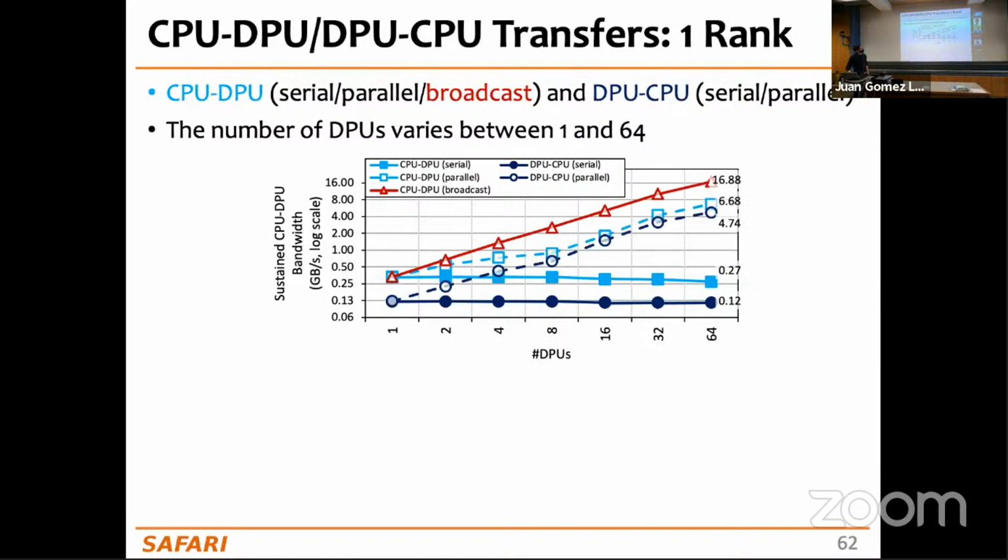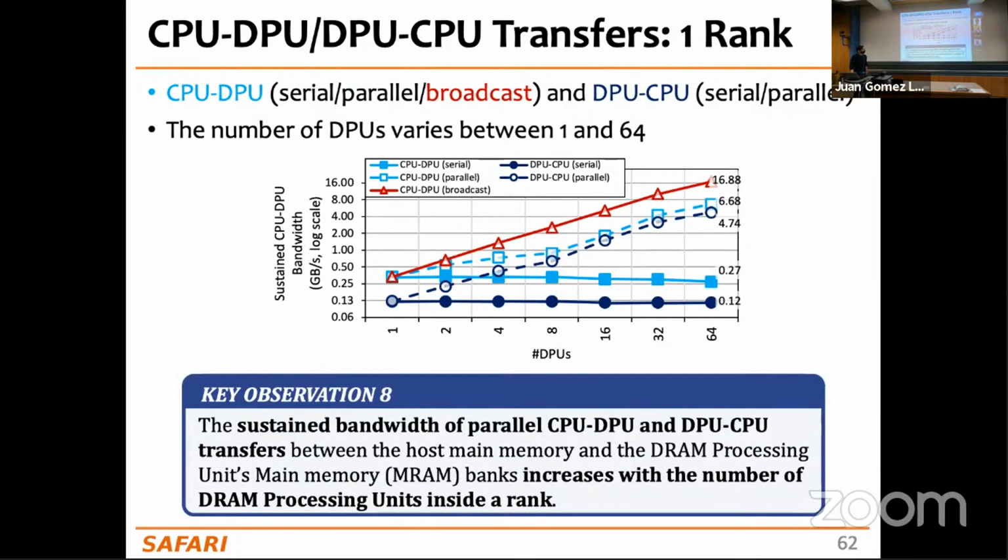But if we go to parallel transfers and broadcast transfers, you can see that they increase with the number of DPUs. And actually this broadcast transfer, this 16.88 gigabytes per second, is very close to the theoretical maximum bandwidth of DDR4 memories, which is around 19 gigabytes per second. So we are not doing that bad here.